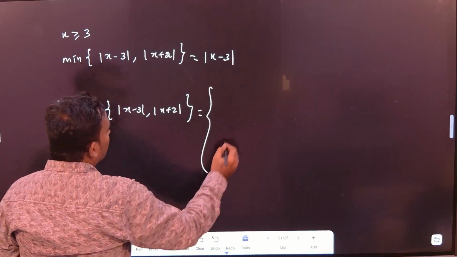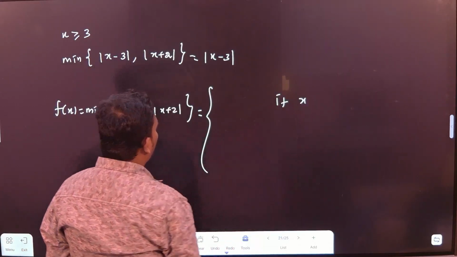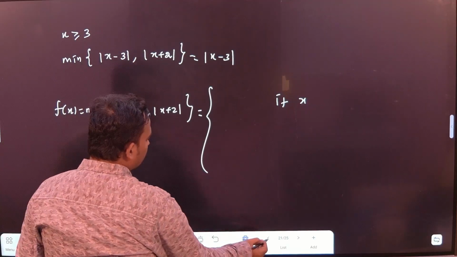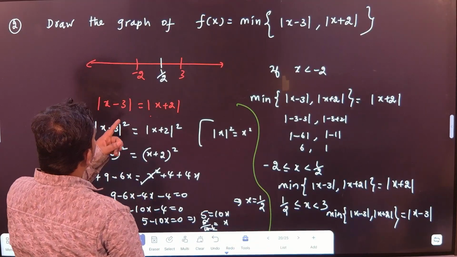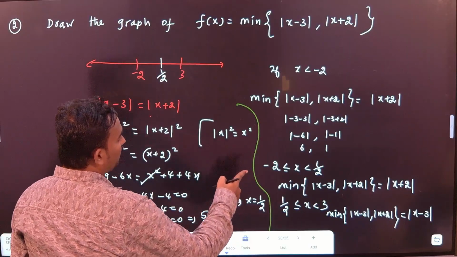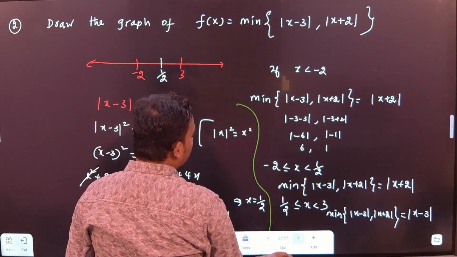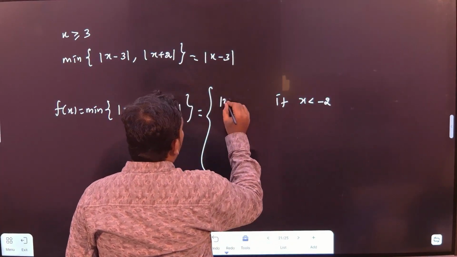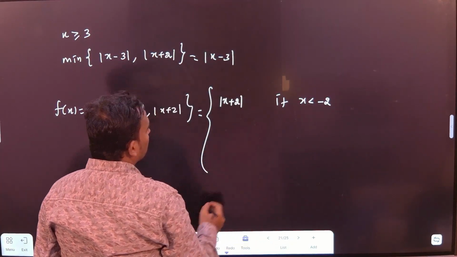So what is that? If x is less than -2, you can see the minimum is |x + 2|. X less than -2, |x + 2|, right?